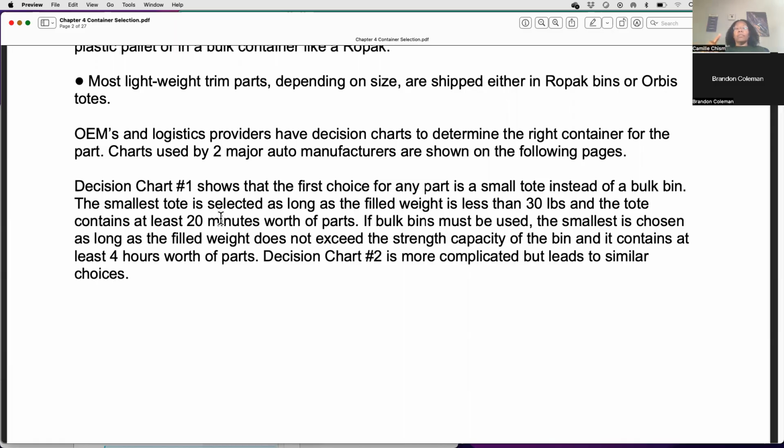So that goes along with what we talked about, the takt time, and when the delivery drivers are running routes. So let's say they're running a route and it's set to every 20 minutes. So they know every 20 minutes they would either need to deliver a tote, or maybe if they're trying to do 2 hours worth, maybe they deliver 6 totes at a time.